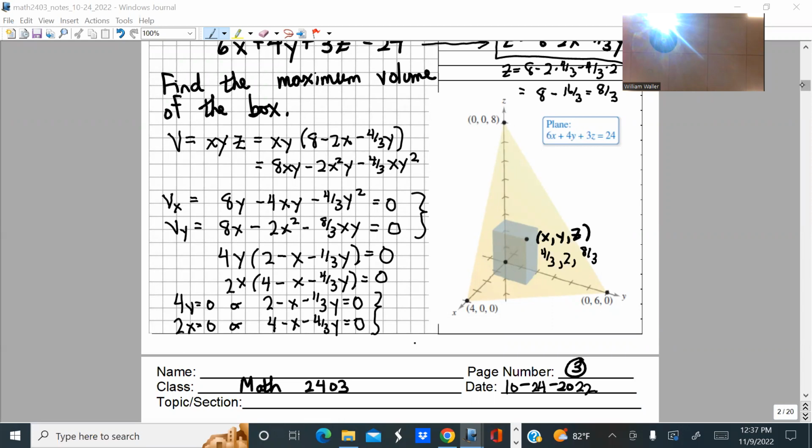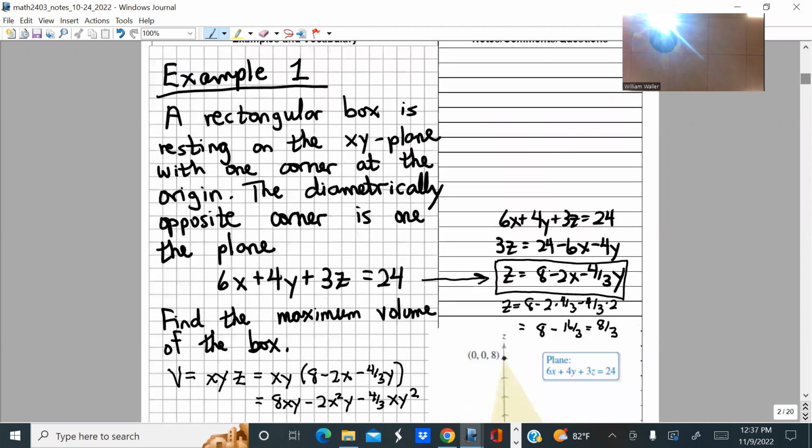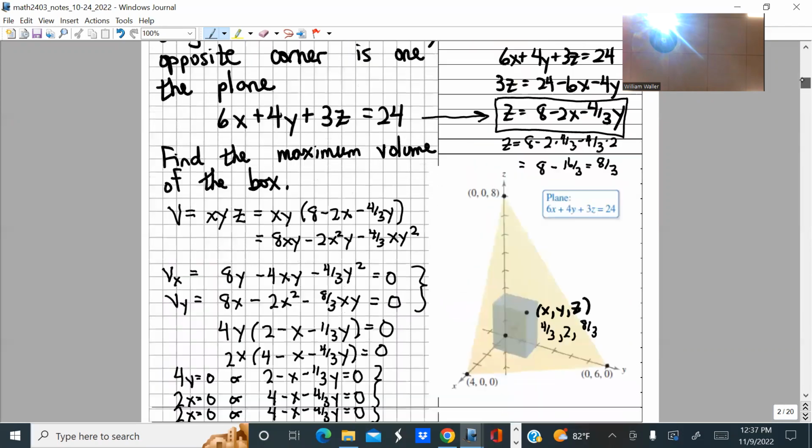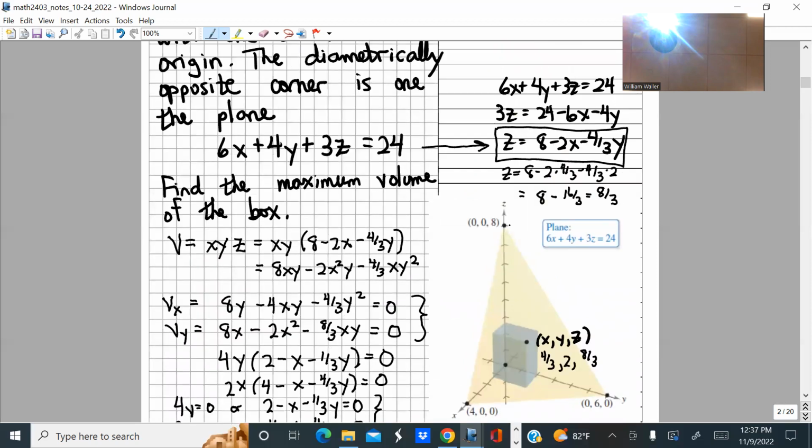If you plug 0 and 0 back into the original formula for the plane, you get z is equal to 8. So this is actually the minimum according to calculus, and that point would give you a volume of 0.